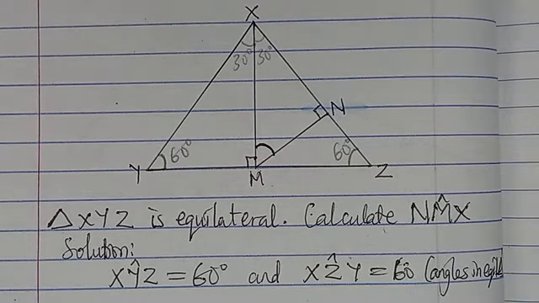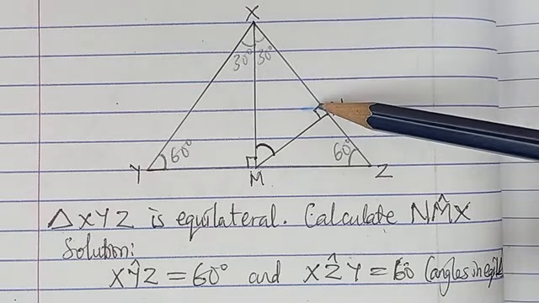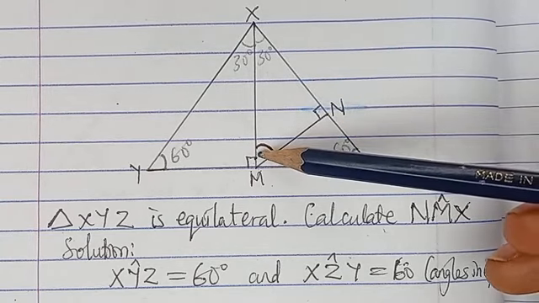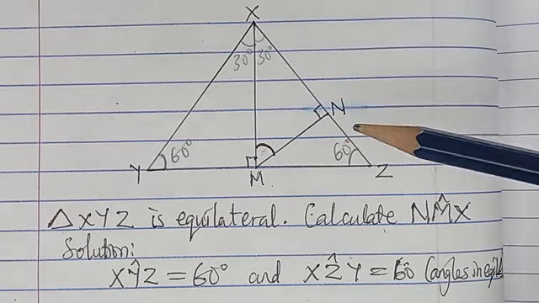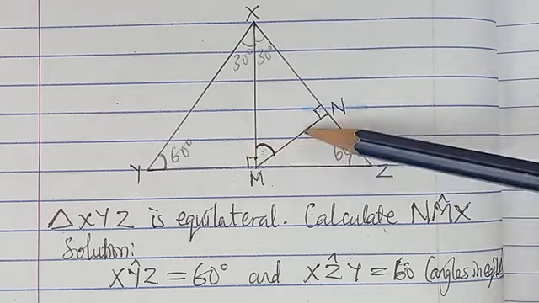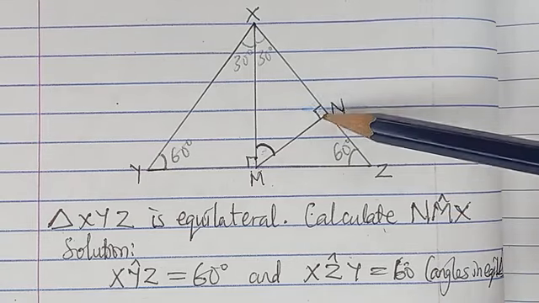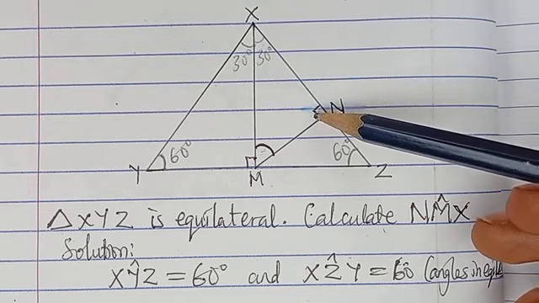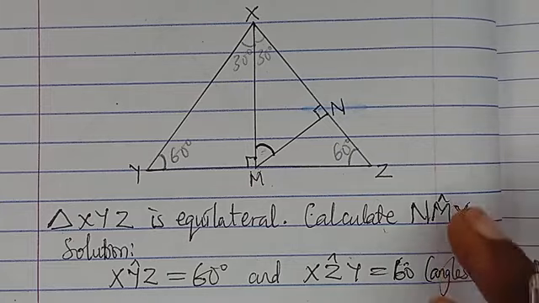Okay, having seen that, let's look at just this: this is angle 90, this is angle 90. And if this is angle 90, therefore this is angle 60. So all we just needed to do is look into this triangle that contains the angle we are interested in, angle NMX. So if this is 30, this is 90, therefore this is 60 degrees. But let's build that up.